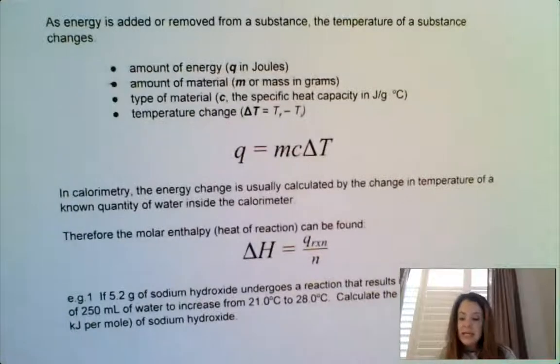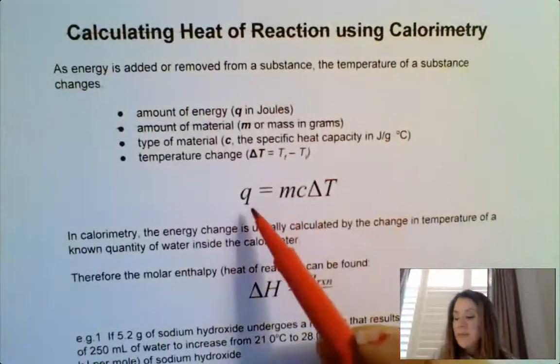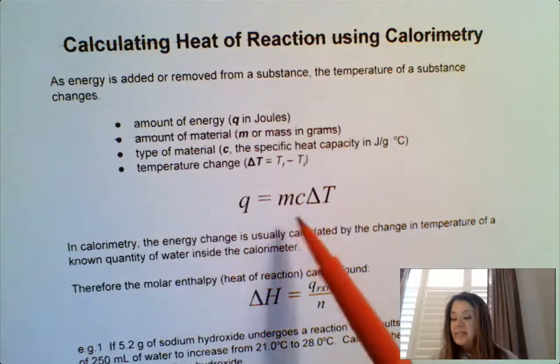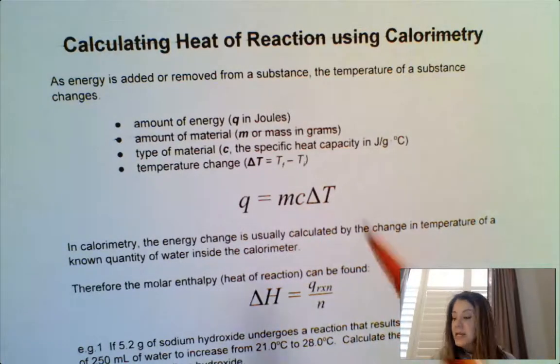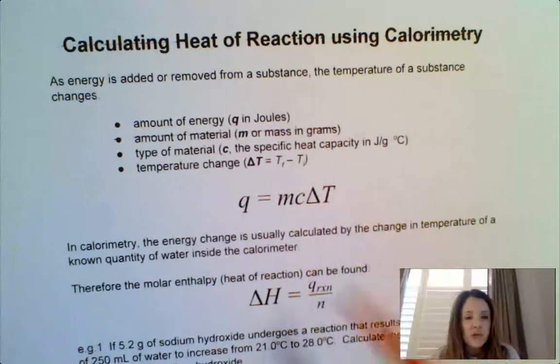So we've learned previously, so let's take a look at the back of the sheet, that we implement Q equals MC delta T formula to calculate heat. M being mass, C being specific heat capacity, delta T being change in temperature, final minus initial.